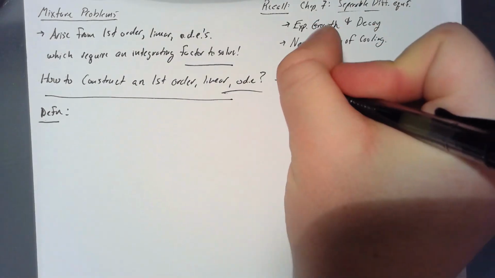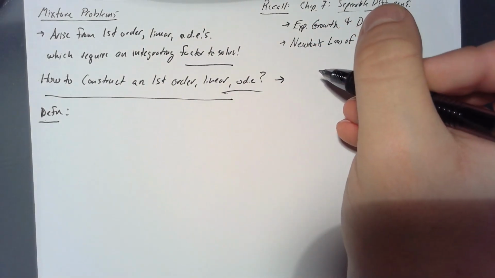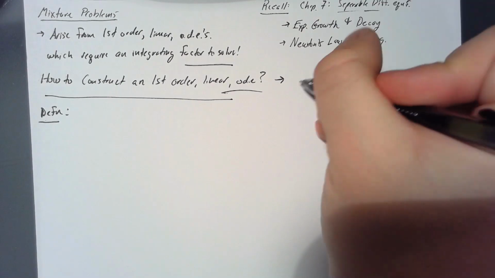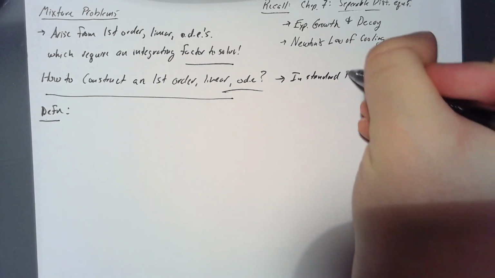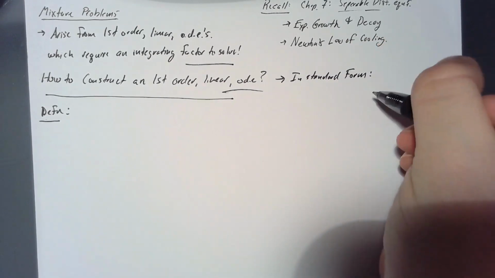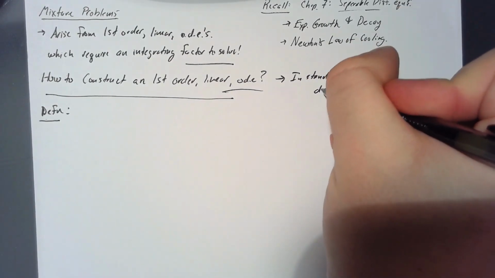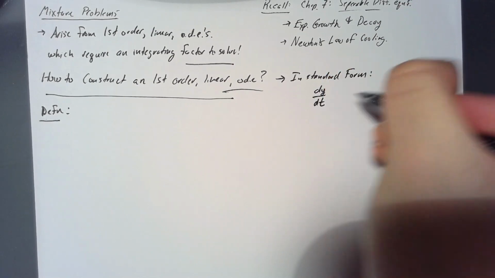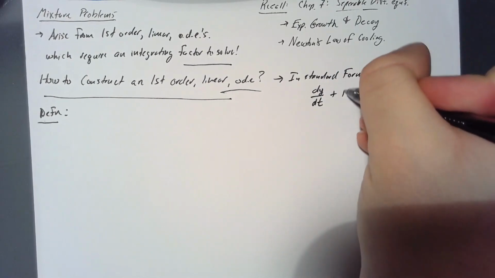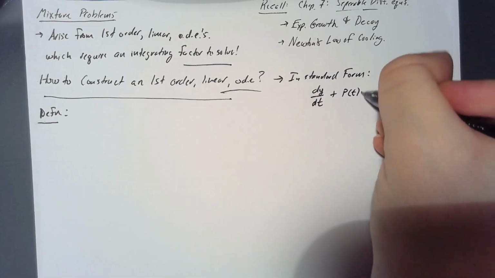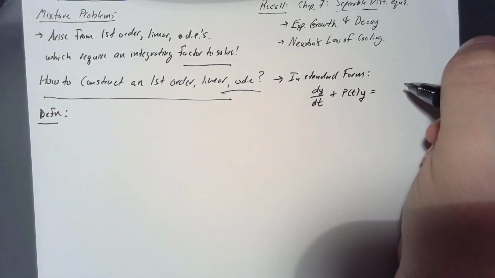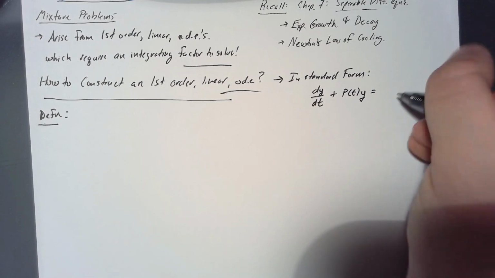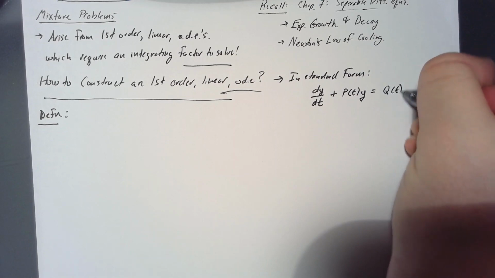If you remember, what does a first order linear ODE look like in standard form? It looks like dy dt plus p of t times y equals Q of t.